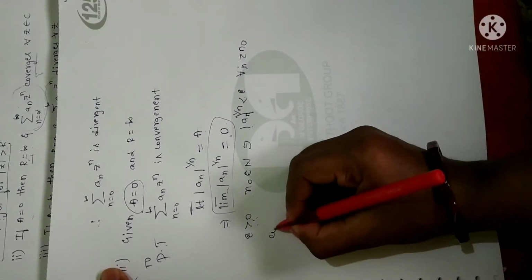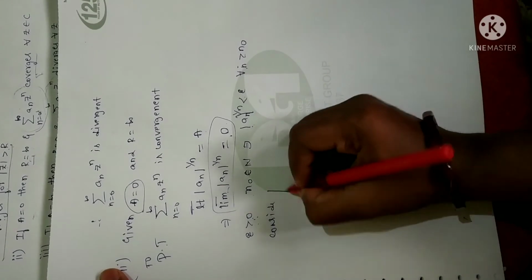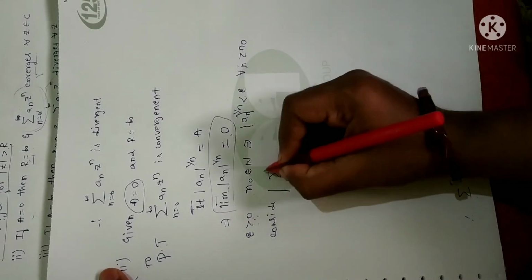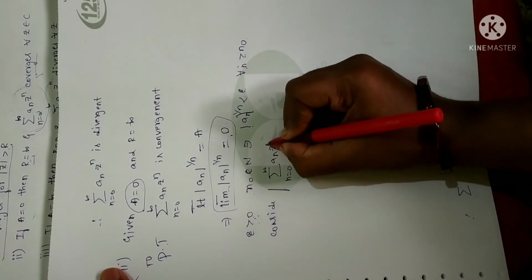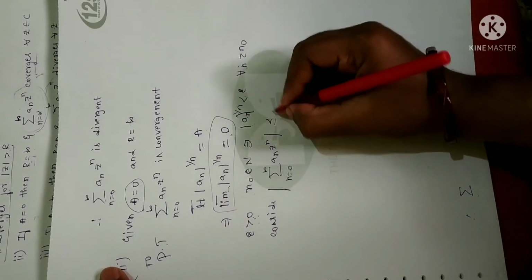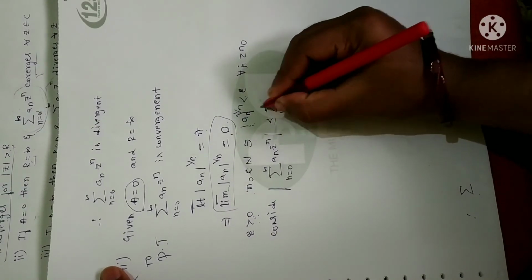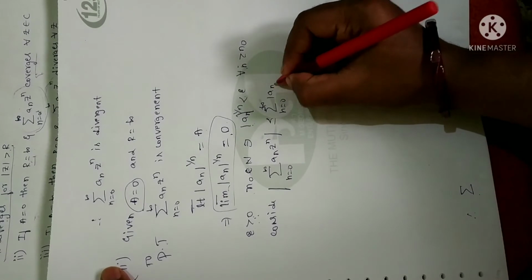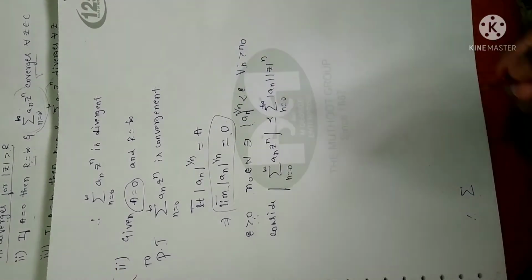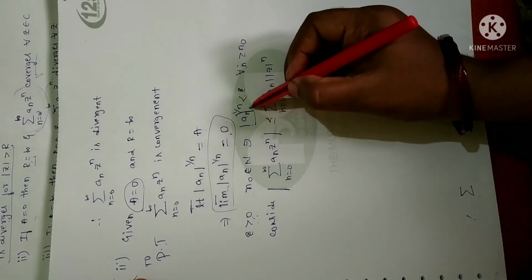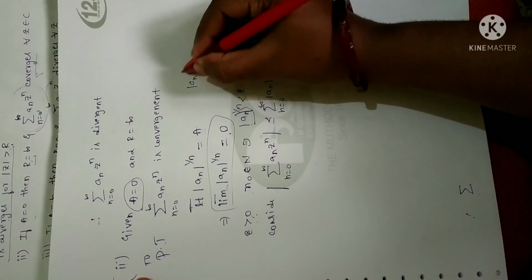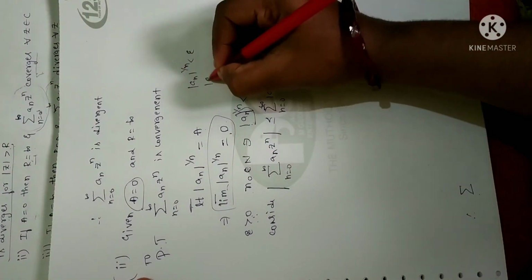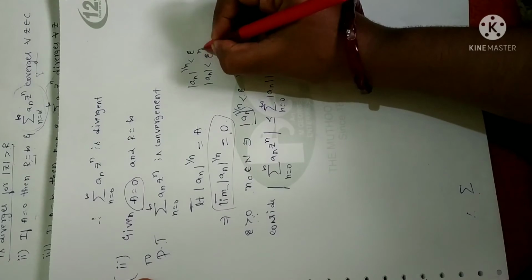Now let me consider the given series, summation n is equal to 0 to infinity an into z power of n. Now we can write this as summation n is equal to 0, and I am going to split inside: an into magnitude of z power of n. Now as I already chose, if an power of 1 by n is less than epsilon, I can write magnitude of an is less than epsilon power of n, raising power n.